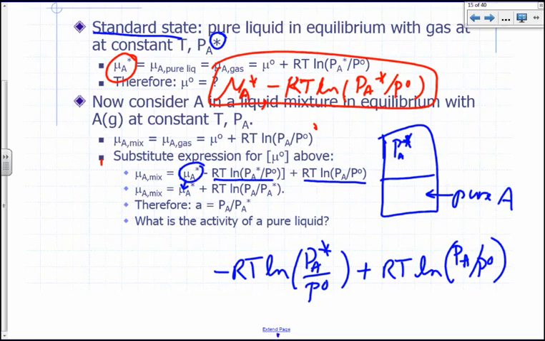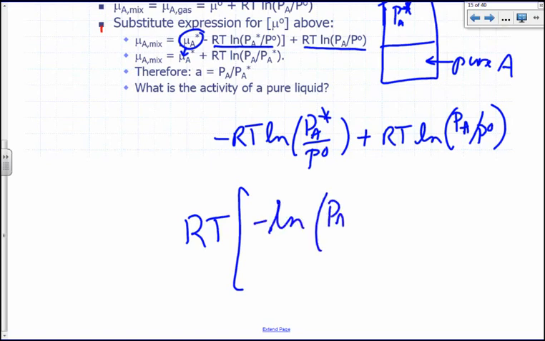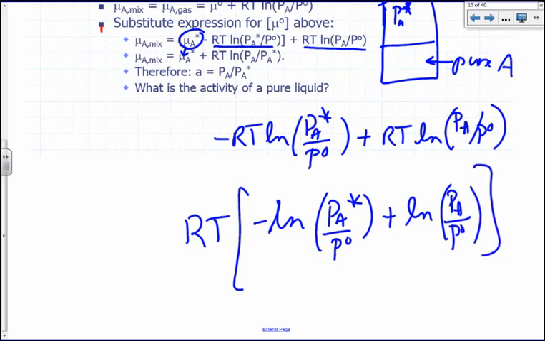I can factor out RT, and I'm going to have negative ln of PA star over P naught plus ln of PA over P naught.